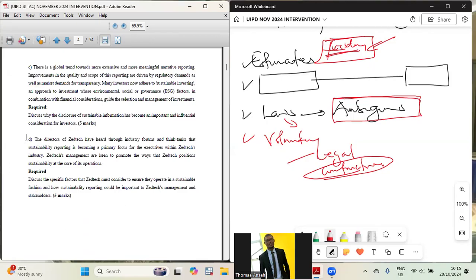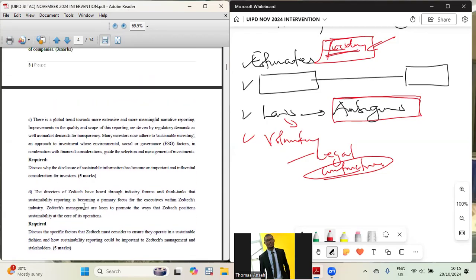Most of the time, especially from the perspective of a shareholder or an investor, the relevance of sustainability or some of the key elements of integrated reporting. So, ladies and gentlemen, this is all about the whole sustainability issue that we've been discussing. It's nothing difficult. Have a general overview of that. But this is an intervention class to run you through the things, and this is all you need to know.